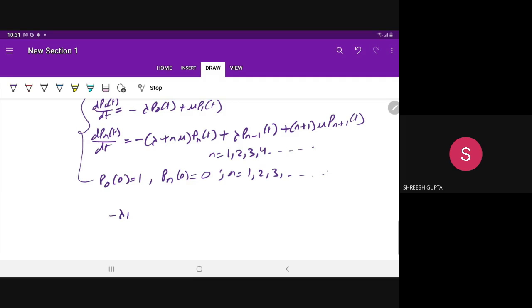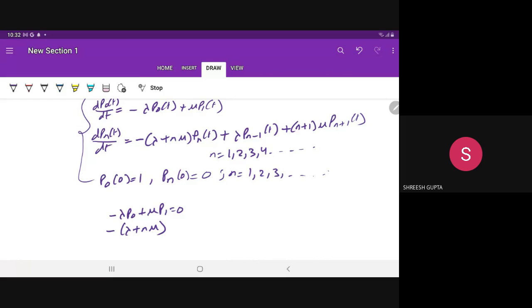So minus lambda p0 plus mu p1 is equal to 0, and minus (lambda plus n mu) pn plus lambda pn minus 1 plus (n plus 1) mu pn plus 1 is equal to 0 for n is equal to 1, 2, 3 and so on.